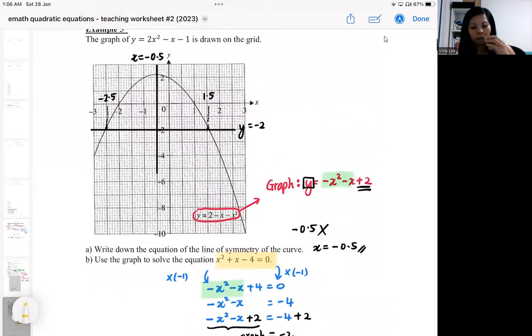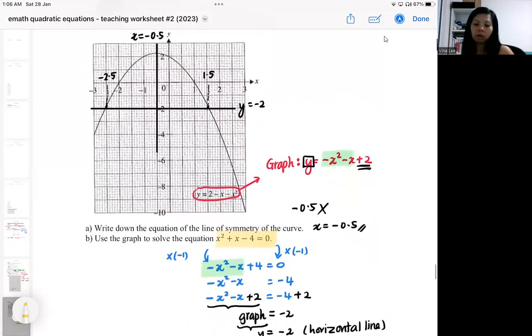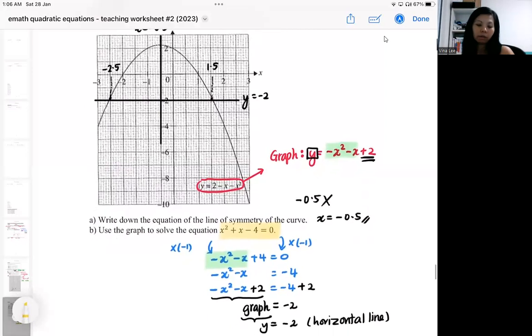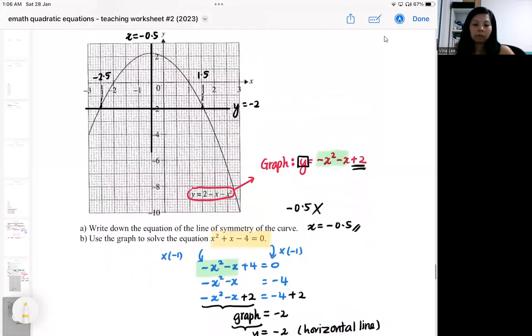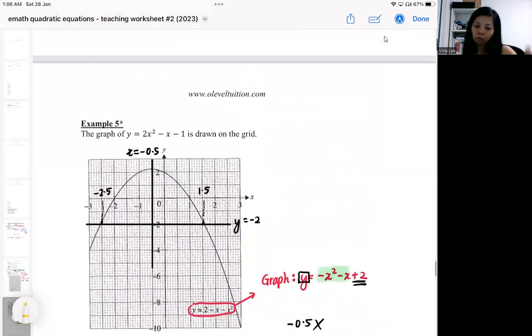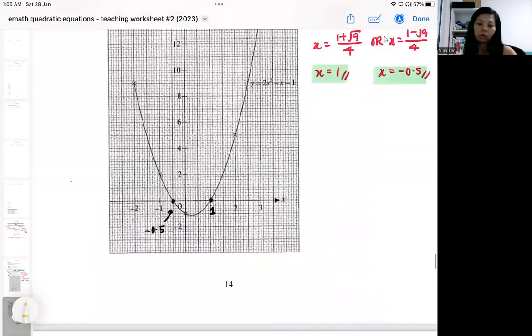So if you want to solve an equation, you must have that graph. But if you don't have that graph, then you need to manipulate the equation so that eventually it looks like the graph. Then you make use of the graph to solve. This one is an asterisk example, so you will have more of this to come.